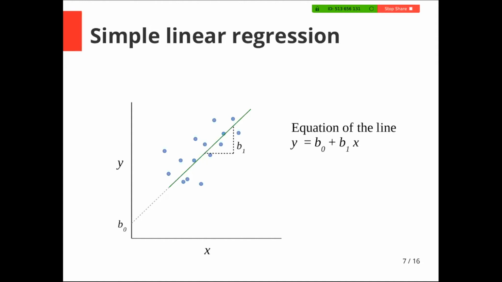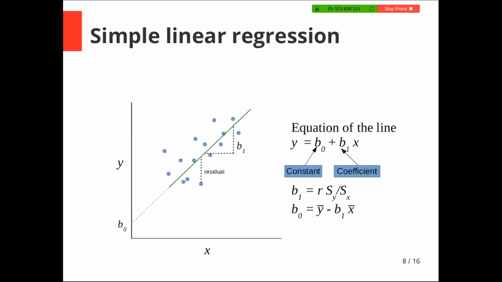So what does it tell? For every unit change in x, what will be the change in y? So it tells the effect of x on y. This is the constant of the model, and this is the coefficient of the model.